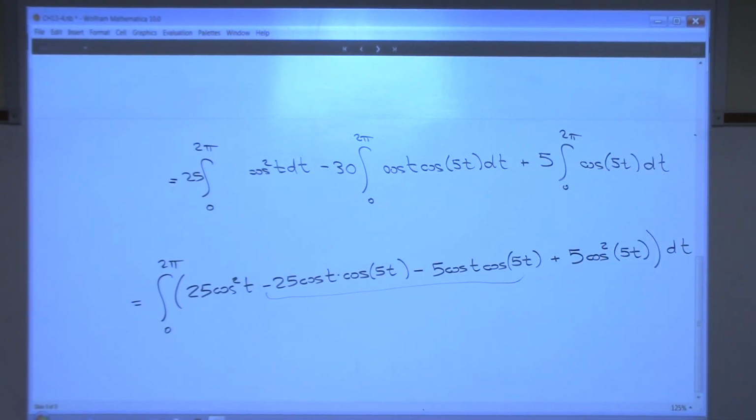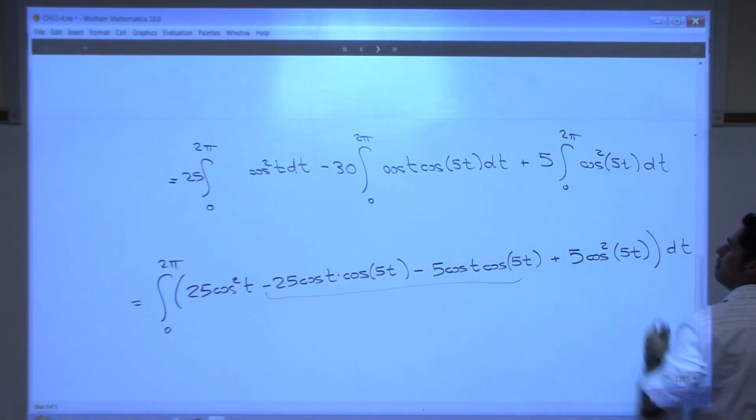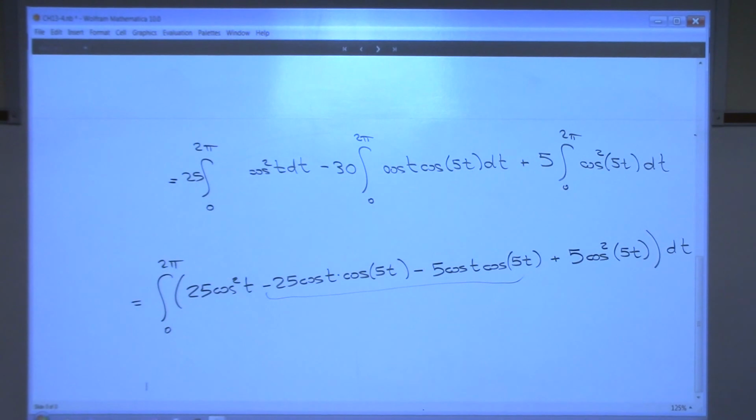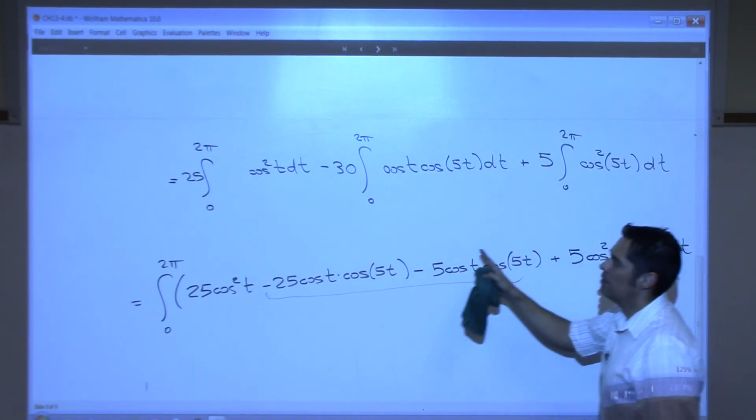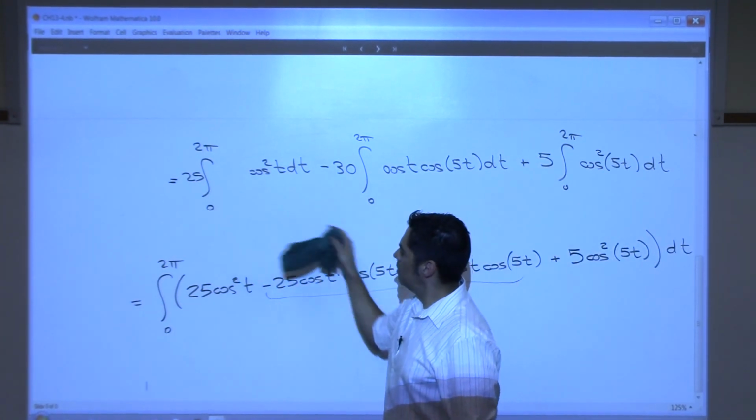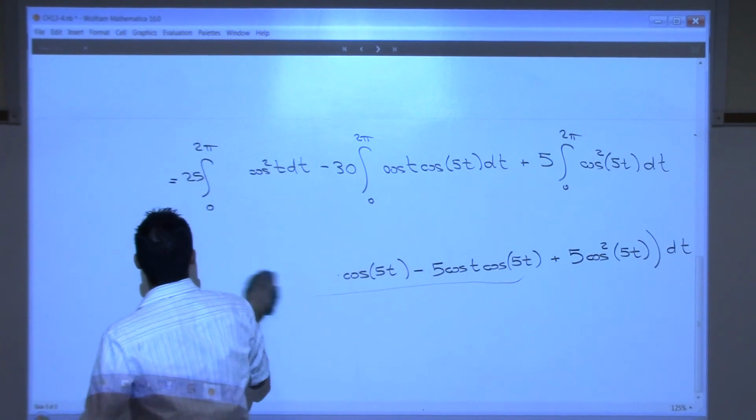Do y'all agree? Okay. Squared, yes, thank you. I think this one's doable. This one's doable. I'm more interested in the middle one.